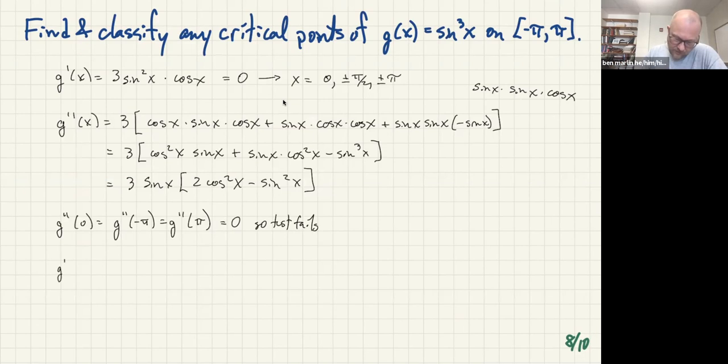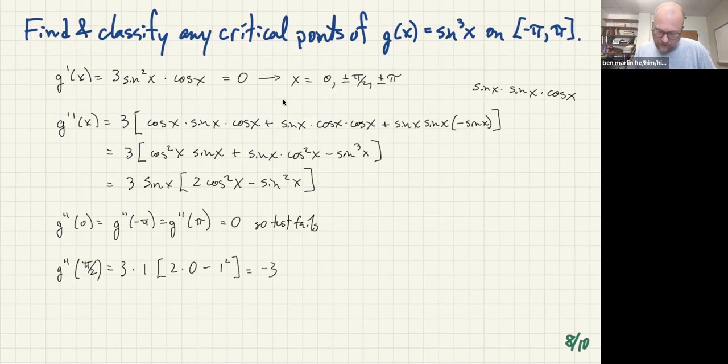So then we're going to try g double prime of pi over 2, and then we'll do the minus pi over 2. And so we have 3 times the sine of pi over 2. So that is going to be a 1. And then 2 times the cosine of pi over 2 is 0, minus the sine of pi over 2 is 1 squared.